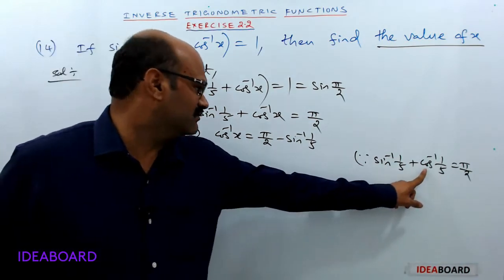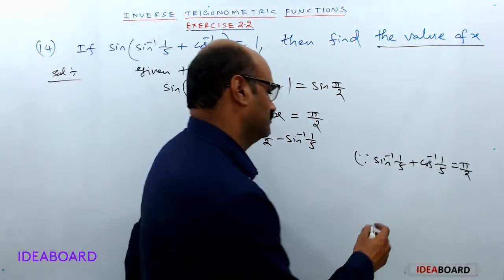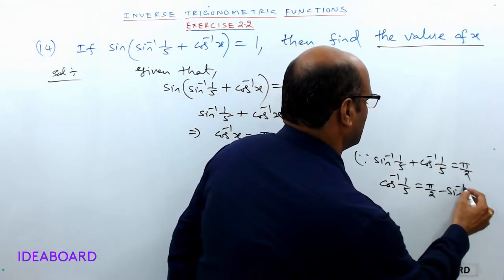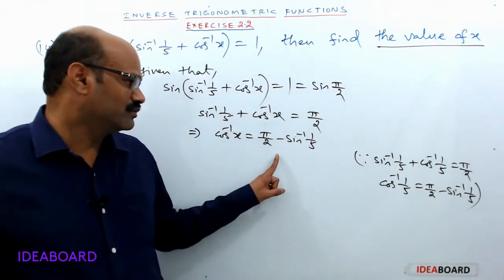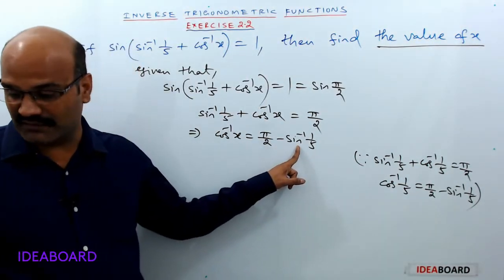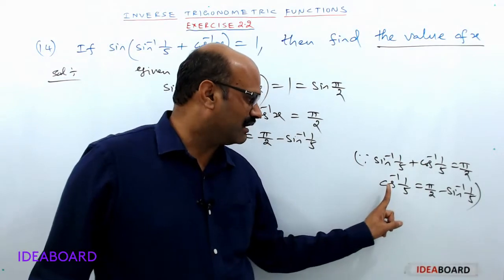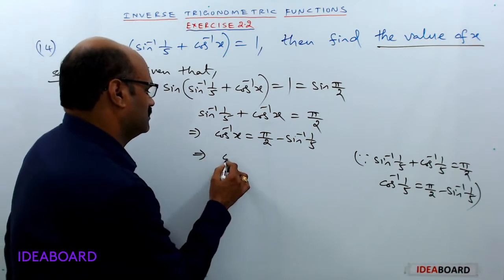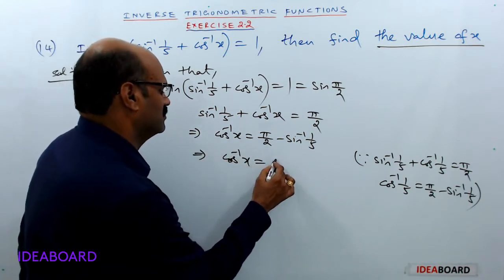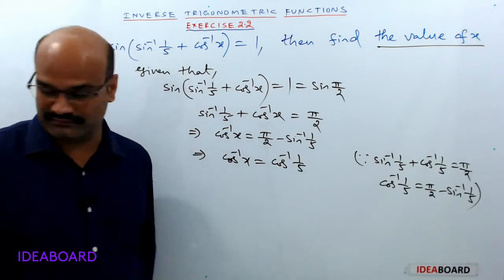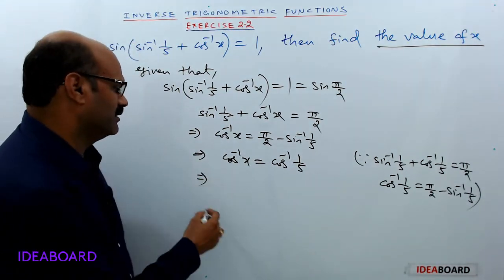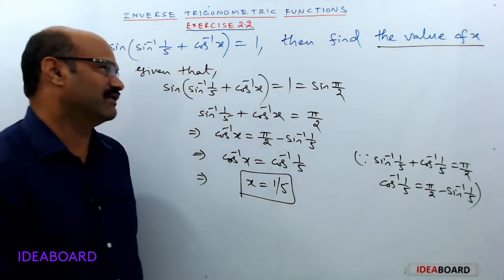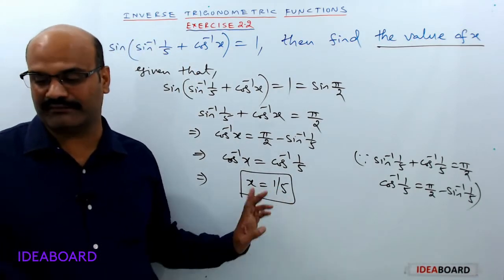Then cos inverse of 1 by 5 equal to pi by 2 minus sin inverse of 1 by 5. So pi by 2 minus sin inverse of 1 by 5 can be written as cos inverse of 1 by 5. So cos inverse x equal to cos inverse 1 by 5. So that implies x equal to 1 by 5. Therefore, the value of x equal to 1 by 5.